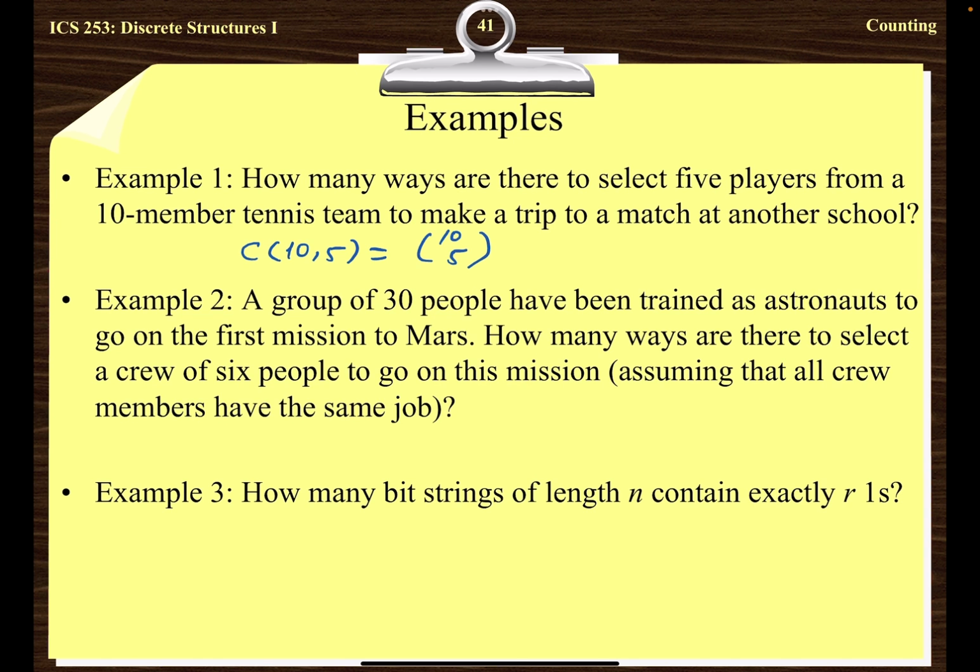Let's go to the second question. A group of 30 people have been trained as astronauts to go on the first mission to Mars. How many ways are there to select a crew of 6 people to go on this mission, assuming that all crew members have the same job? So when I choose the 6, I'm not putting them into specific jobs.